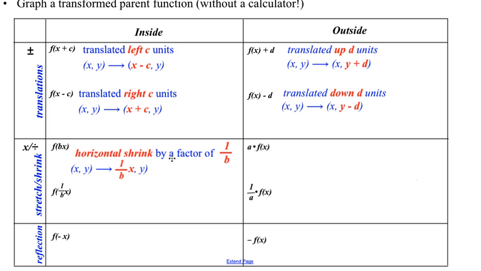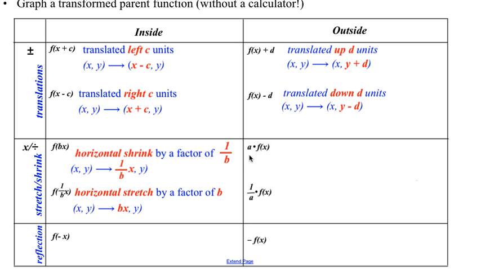Okay, so if you have 2x, that would be a horizontal shrink of 1/2. So you're going to take all of your x coordinates and multiply by 1/2. Now, if you have a fraction, say, x over 2, that would be a horizontal stretch by a factor of the reciprocal, which in that case would be 2. So you multiply all of your x coordinates by that number.